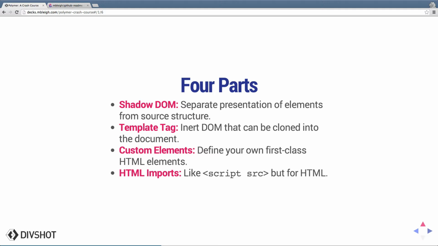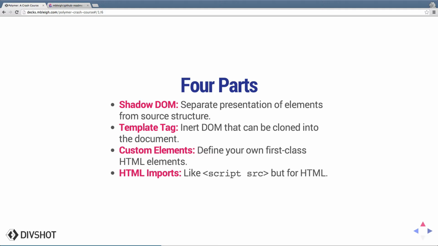The second part is the template tag, and the template tag is a really simple thing: anything inside the template tag is considered inert DOM. So it's HTML, but it's not HTML that's actually loaded into the context of the page. It's not executed until you explicitly use JavaScript to clone that into the document, and then it becomes active. So any of the templating languages you've ever used, Handlebars, any of those, are 100% JavaScript.